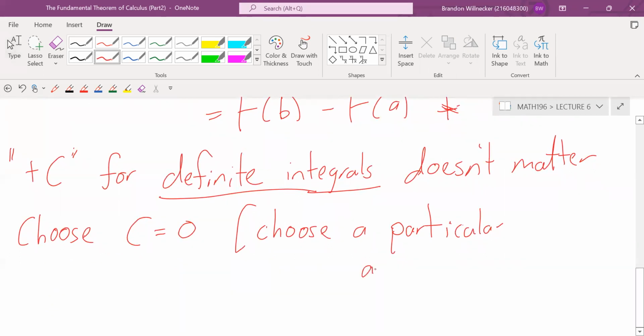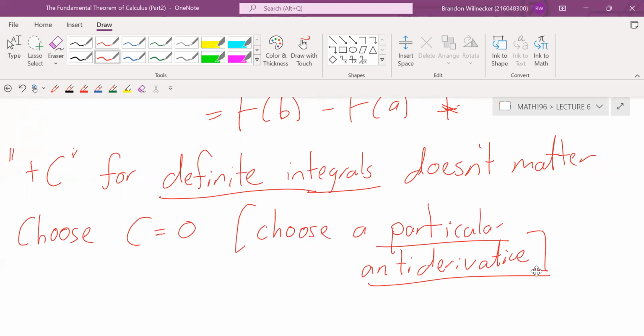Remember, the theorem works for any antiderivative, but for the sake of simplicity, we can choose c to be 0. In other words, we choose a particular antiderivative.